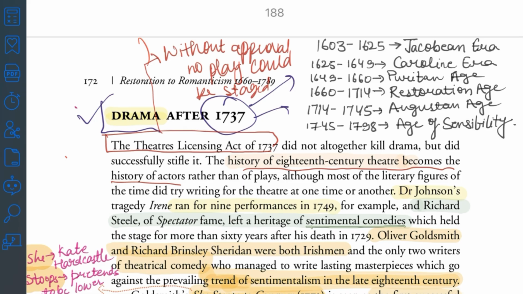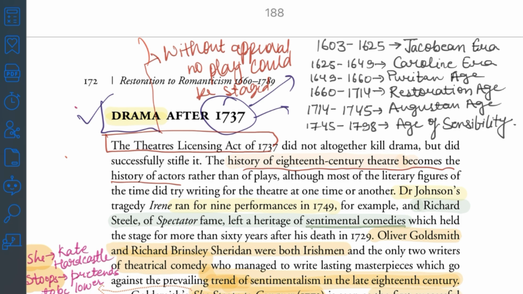Dr. Johnson is another famous writer we have. Remember, Samuel Johnson is more important as an essayist, critic and lexicographer rather than for drama. His tragedy work, Irene, completely failed.